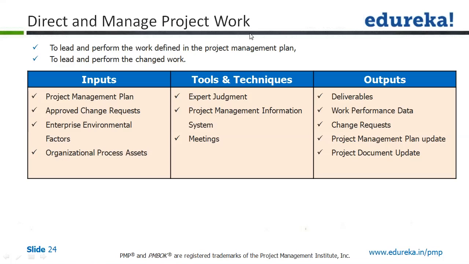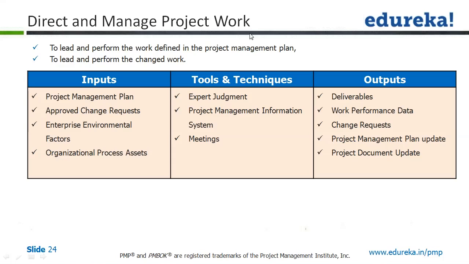Now, let us look back at the outputs this process delivers. The output this process delivers is the deliverables, the work performance data. And if you look at item number 3, item number 4, item number 5, we can very clearly see that this results in project management plan updates.